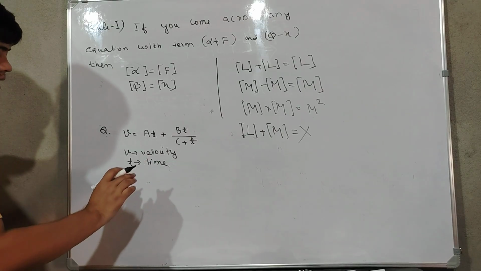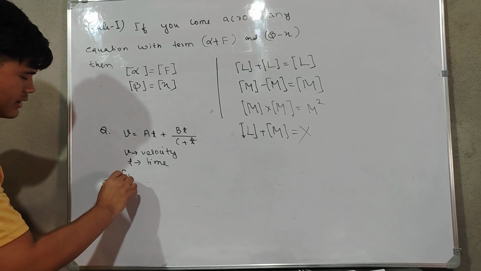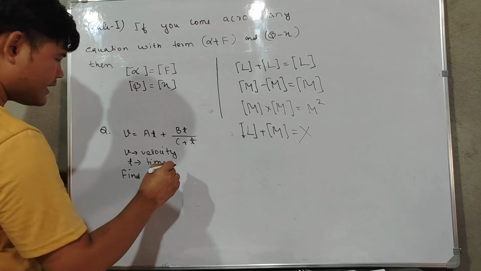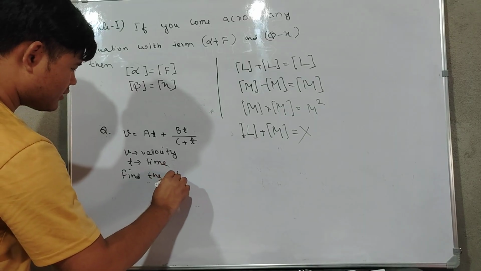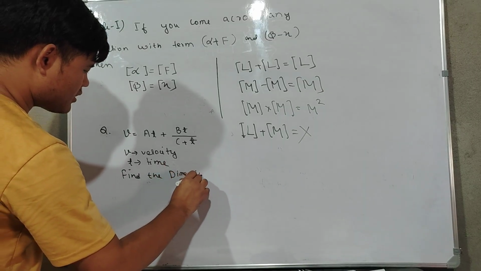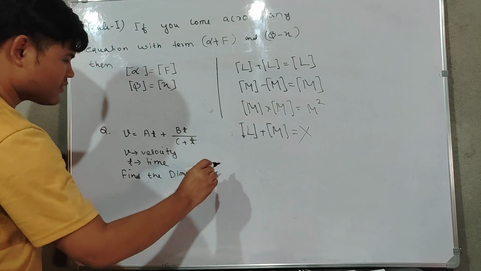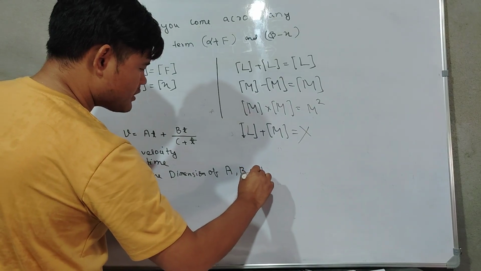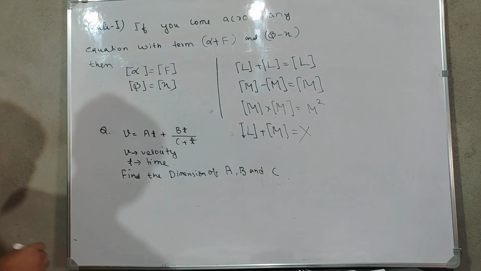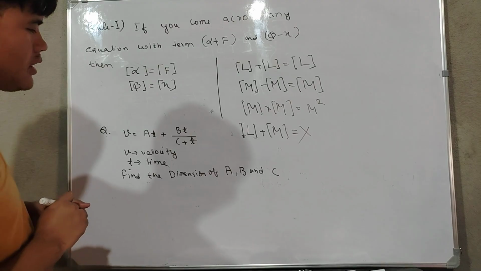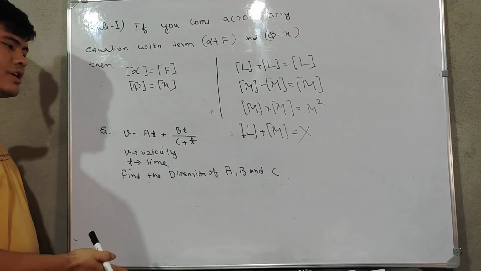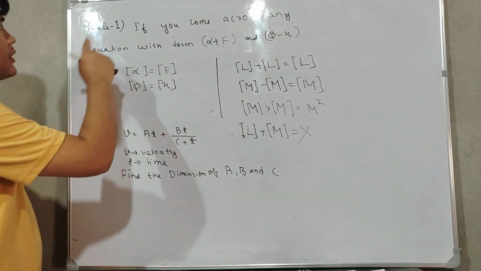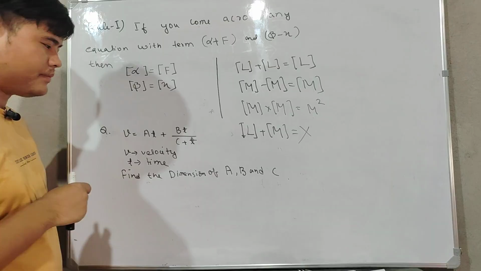The question is asking us to find the dimensions of A, B and C. Yes, we have to use the principle of homogeneity also. We have to use that rule also, and we have to use the rules that we got now.